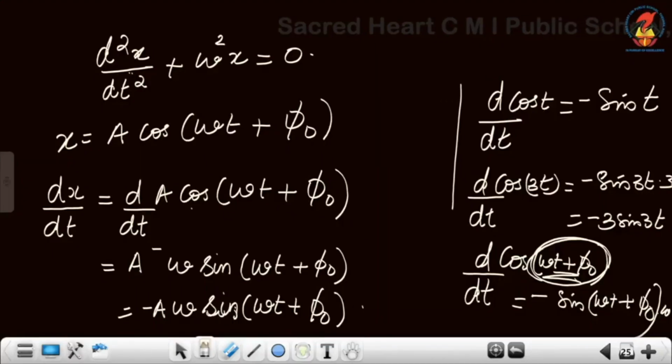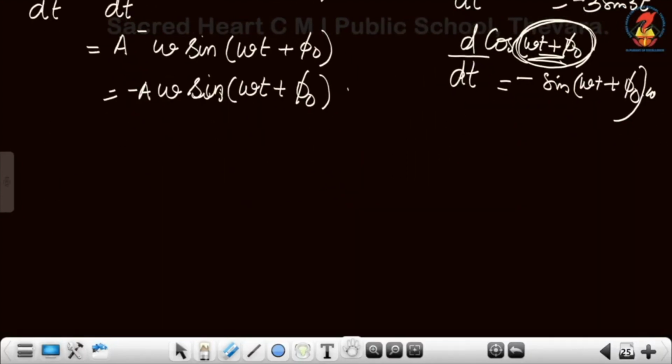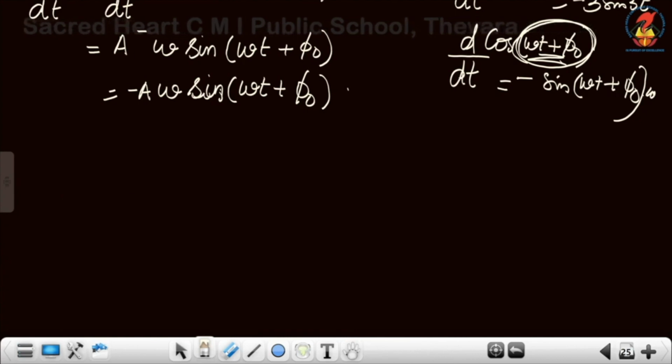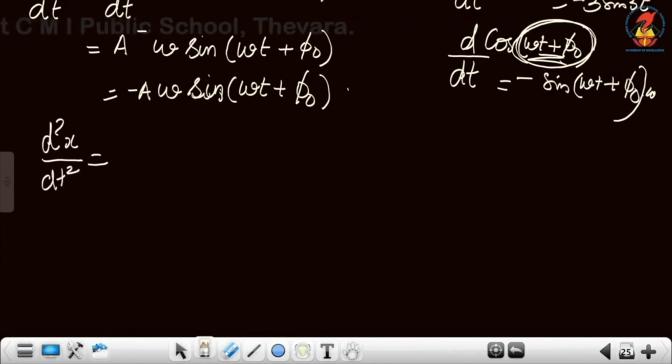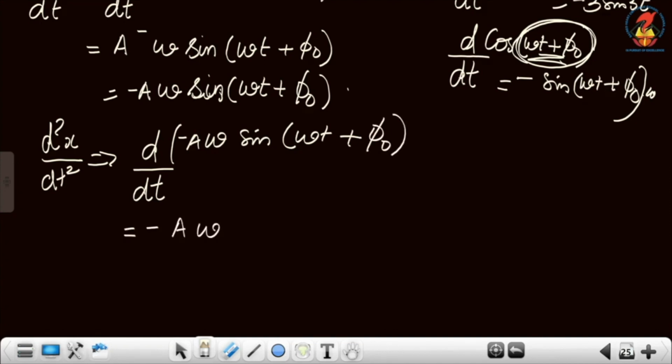So what must we do? We have to differentiate this equation once more. So d²x/dt² is d/dt of minus Aω sin(ωt + φ0). Now, minus Aω is a constant, take it outside.